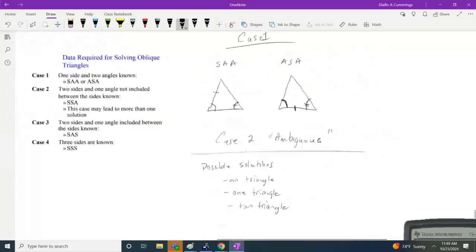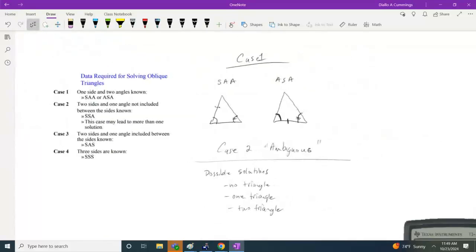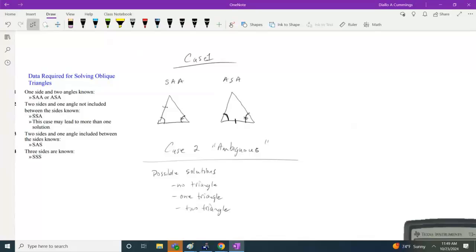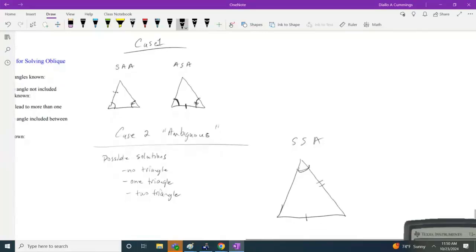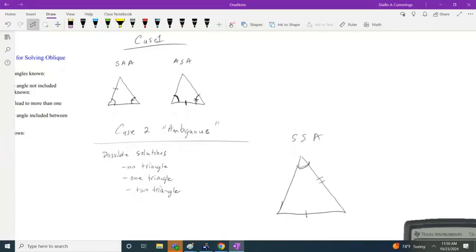So anytime you're dealing with the side side angle, let me just draw this over here. You have a side length, you have an angle measure, and next to that angle measure you're given another side length.